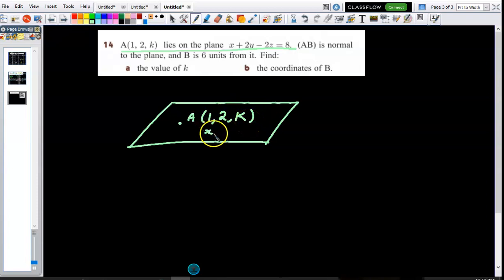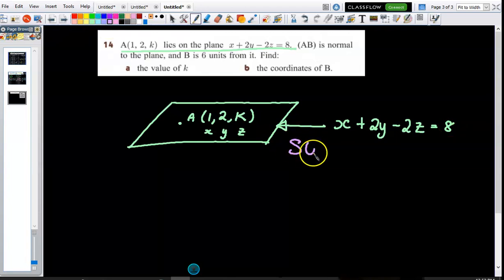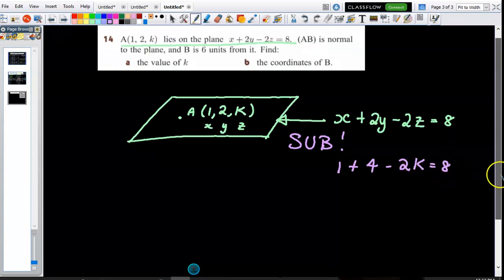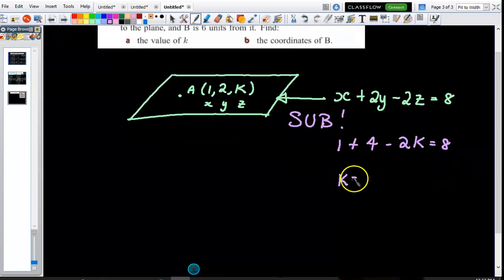That's your X value, that's your Y value, this is your Z value, and we have that the equation of the plane is X plus 2Y take 2Z equals 8. So I hope you're all yelling out, sub. So you're going to sub X is 1, 2 times 2 is 4, take 2K equals 8, and then hopefully you will find K. So that's quite pleasant.